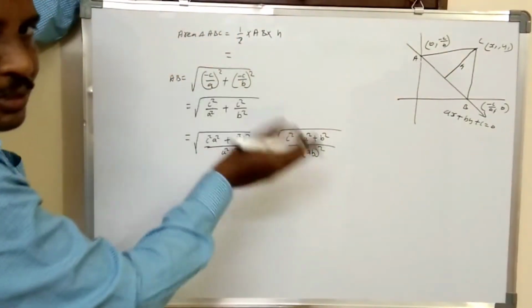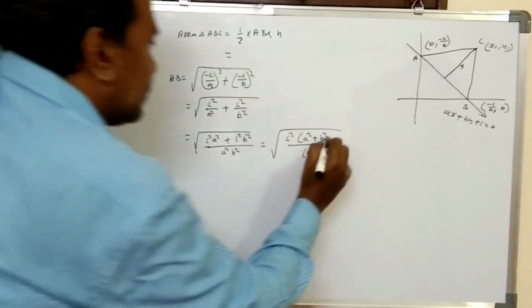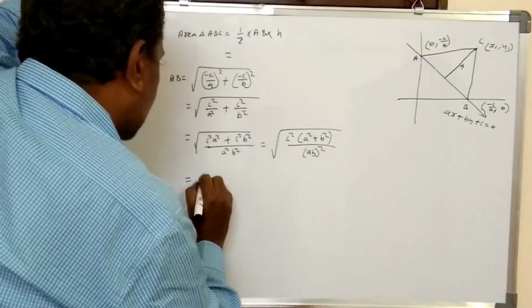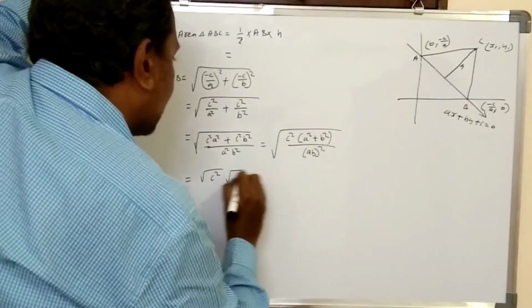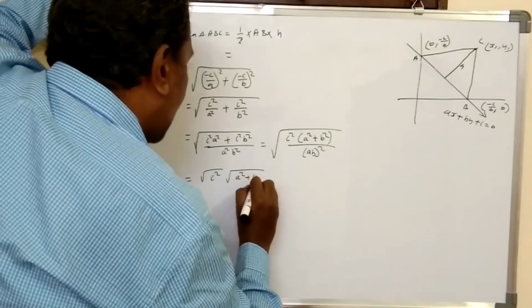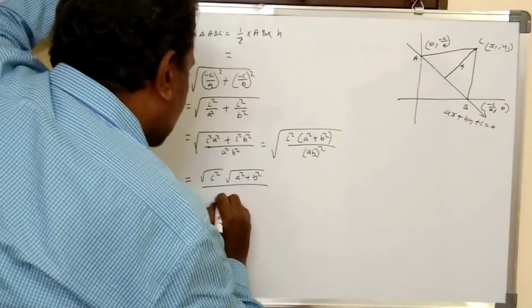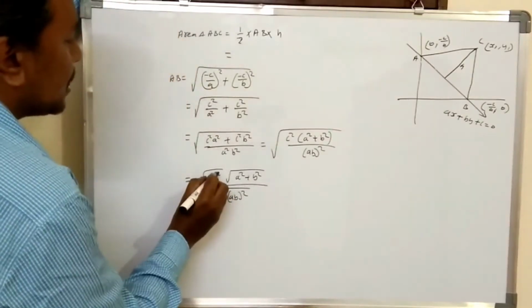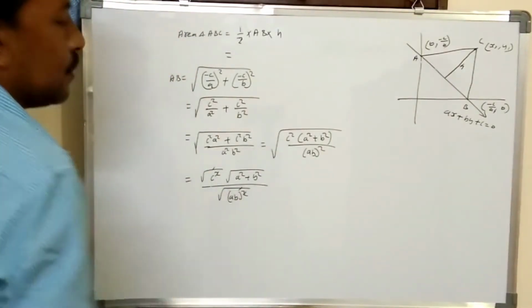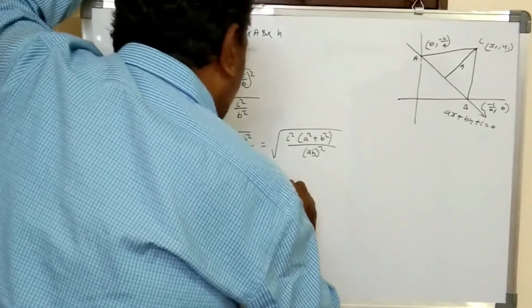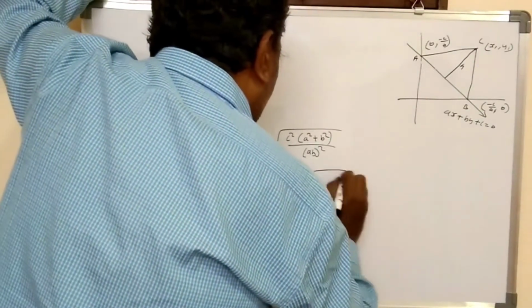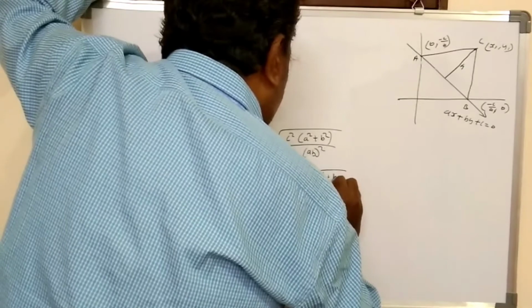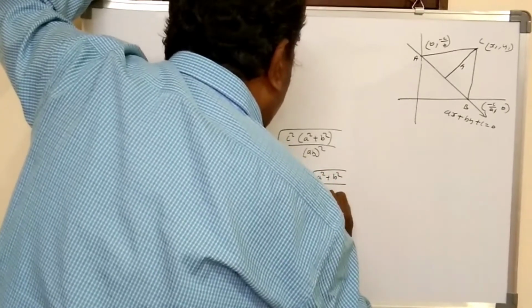Now distribute the square root to all. That becomes square root of c square, root of a square plus b square by square root of ab whole square. Square and root get cancelled. So finally it becomes c square root of a square plus b square by ab.